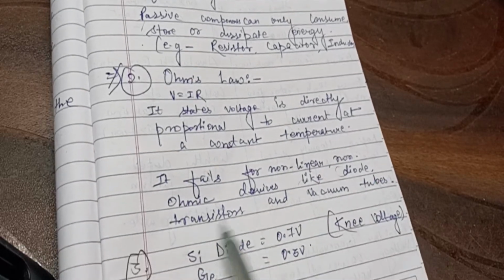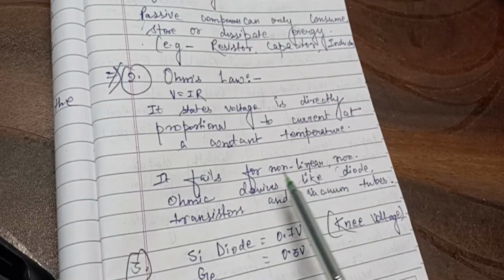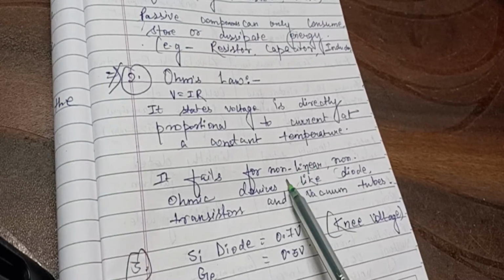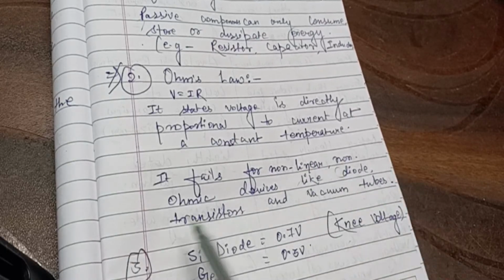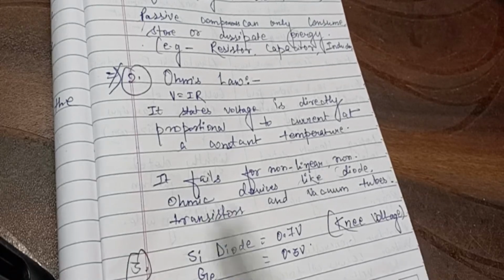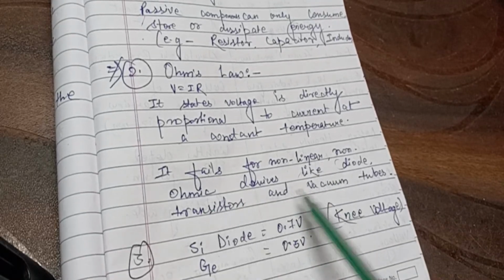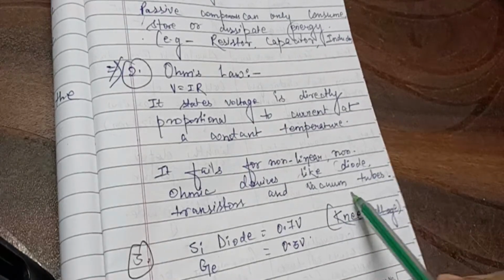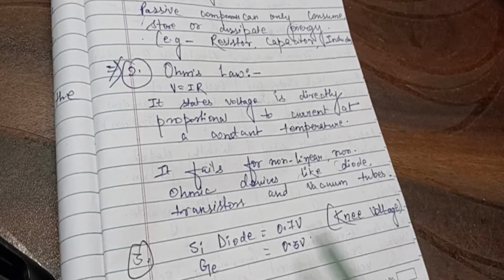Ohm's law is not applicable for these devices. In a diode we get a non-linear graph, and non-ohmic devices do not follow Ohm's law. These are devices like diode, transistor, and vacuum tubes.